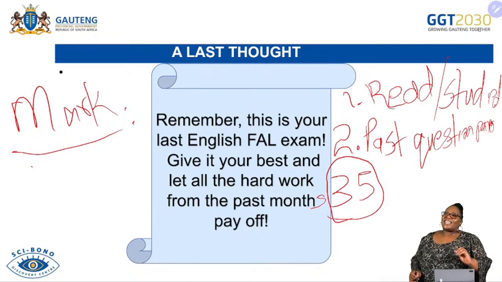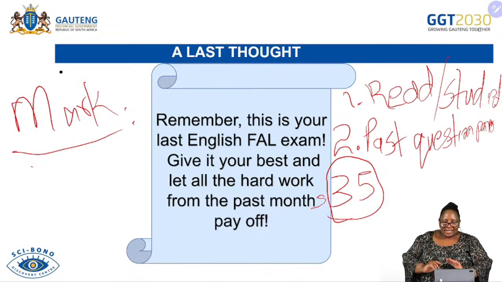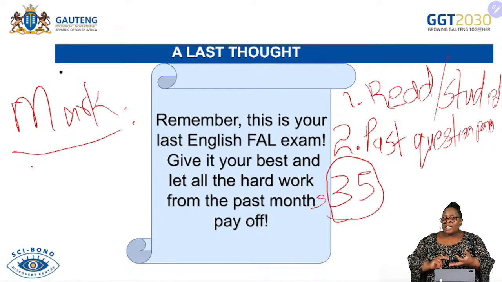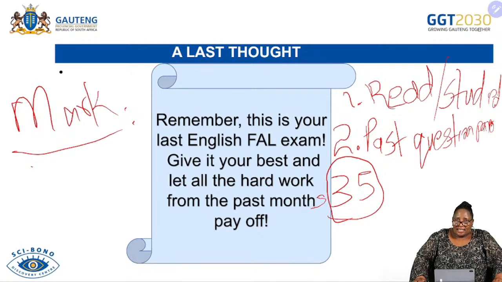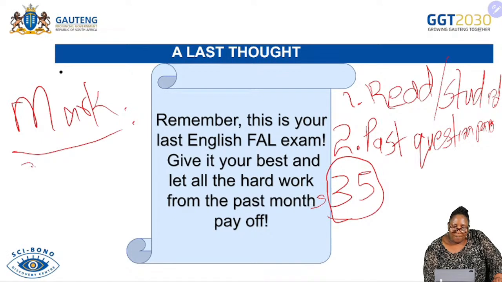Let's see whether you have all your ducks in a row. You know your setting, you know your figure of speech, you know the tone. And if you pass that, you continue with the second genre. If not, you go back and read the extract from the book and check all the mistakes that you have done.